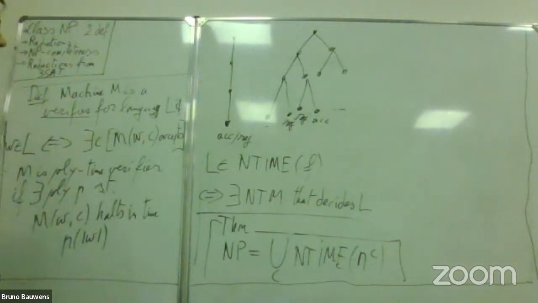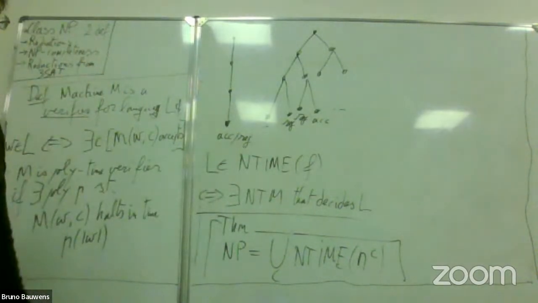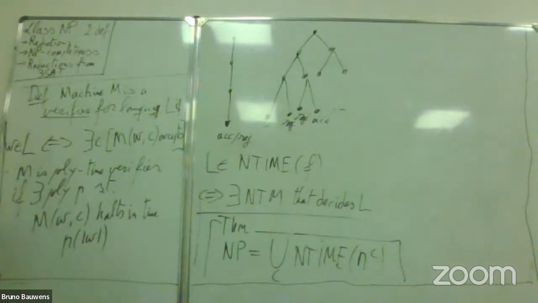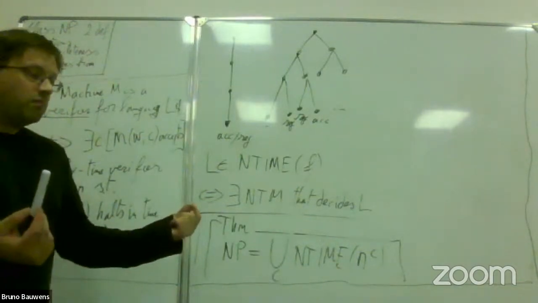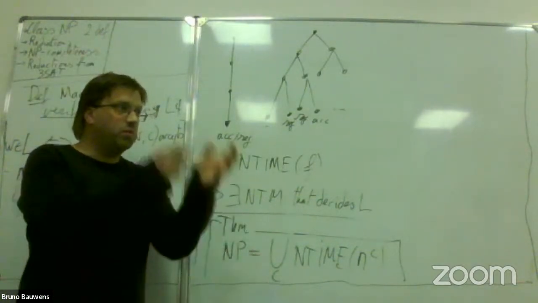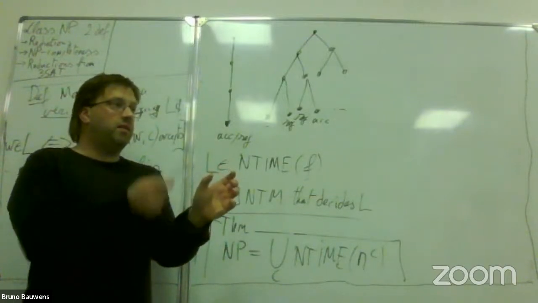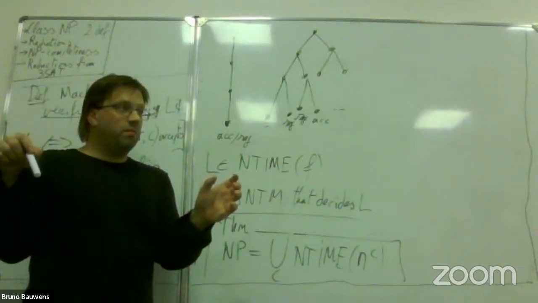Okay, so let us do an example of a non-deterministic Turing machine that recognizes the Hamiltonian cycle problem. So how the machine operates: the machine goes to the first node of the graph, and then iterates over the neighbors of this node.